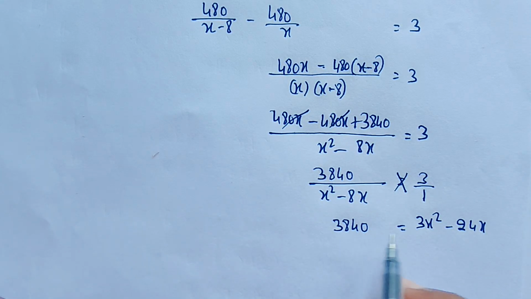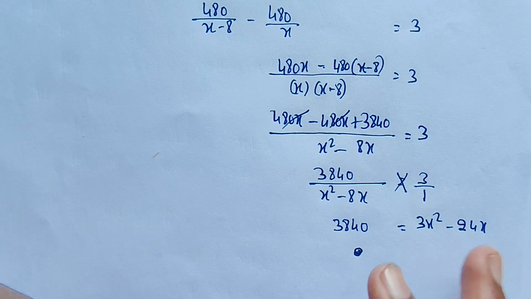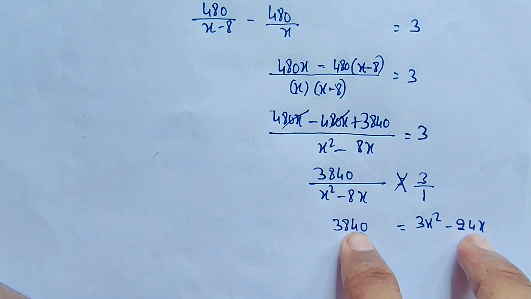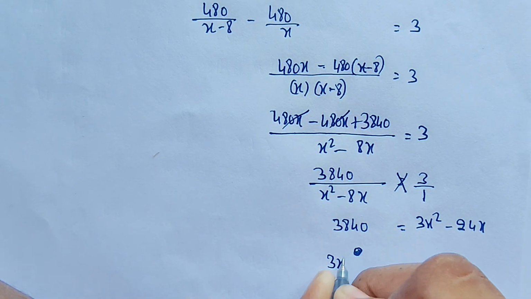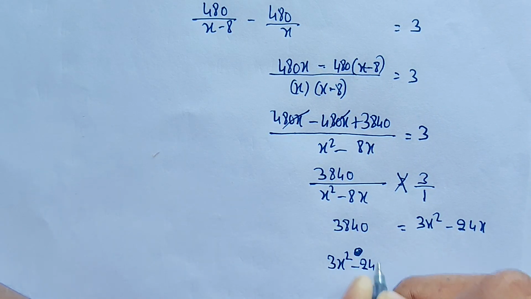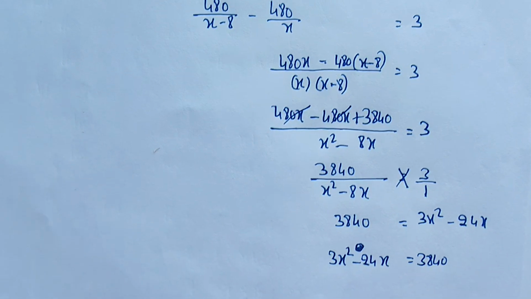Now I am going to transpose the 3840 to the other side, so it becomes 3x square minus 24x equals 3840. We can write this like this.